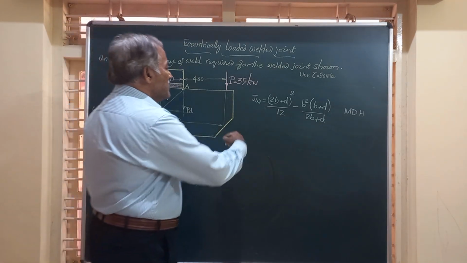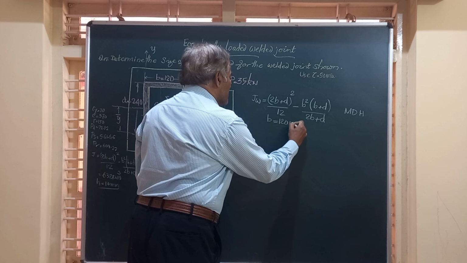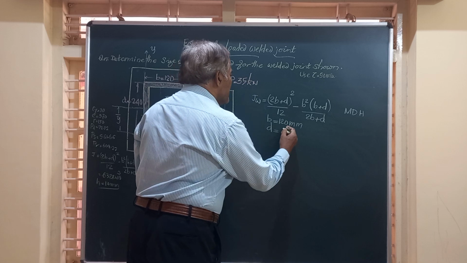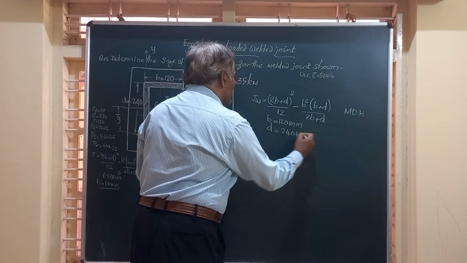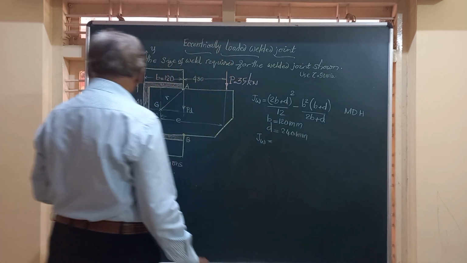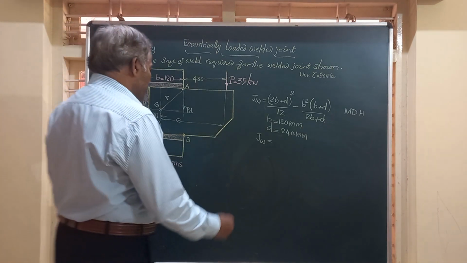So friends, we know the value of B, that is 120 mm. The value of D, the depth or the height, is 240 mm, and we can arrive at the value of JW as 6328 into 10 to the power of 3.